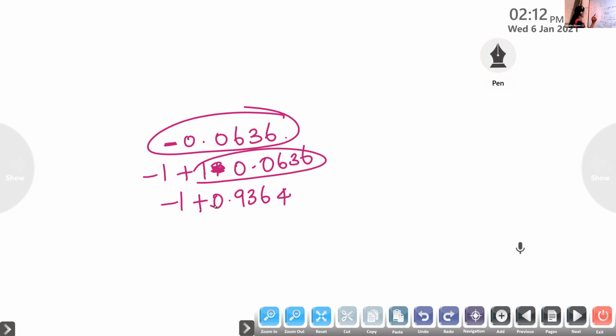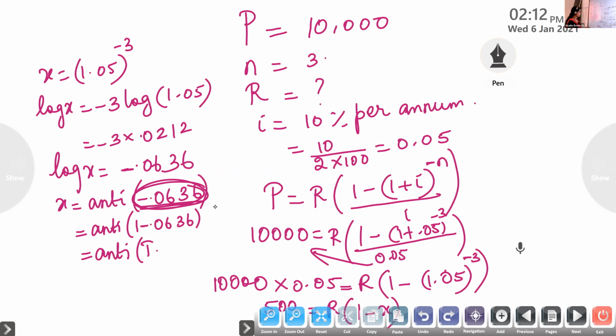We can write this as the antilog of 1 bar point 9364, since minus 1 means we write it as 1 bar point. Now take the antilog of 9364. What is the antilog of 9364?